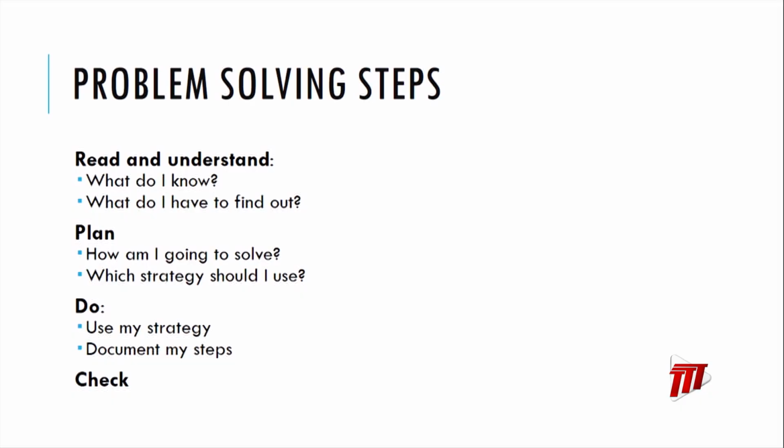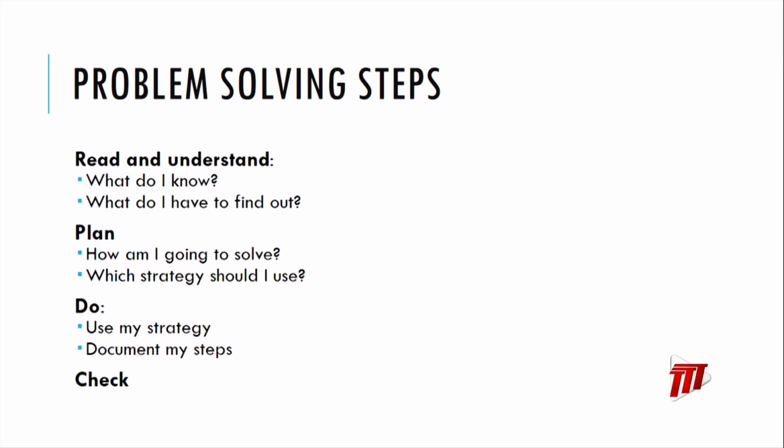But we are also going to be using our problem-solving steps. The first step is to read and understand. So when we look at our problem, we are going to be asking the questions: What do I know? Just as you would ask it at home, what do you know? What do I have to find out? Then we are going to plan how we are going to solve the problem. In planning, we are going to identify the strategy that we are going to use.